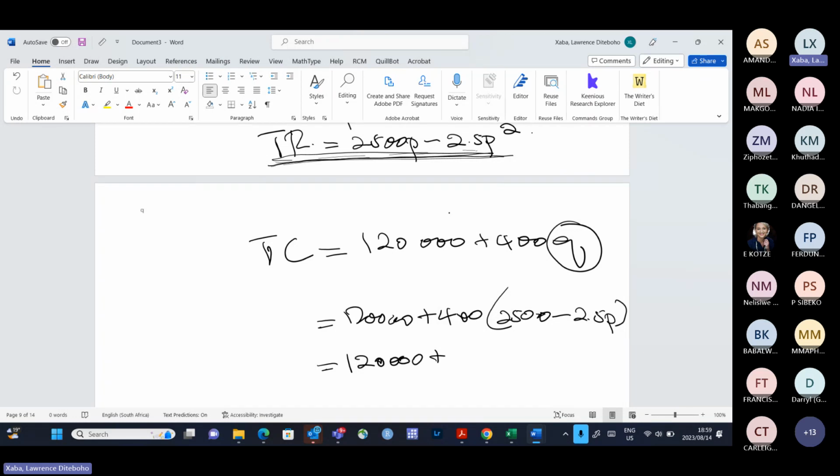Then you say 400 times 2,500, and then we'll have 1,000,000. Minus, then we multiply 400 times 2.5, then we have 1,000p. Then we group the like terms. So these are the like terms.